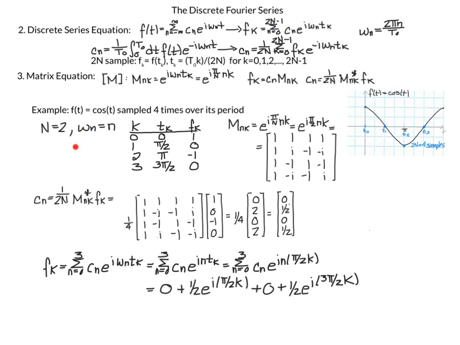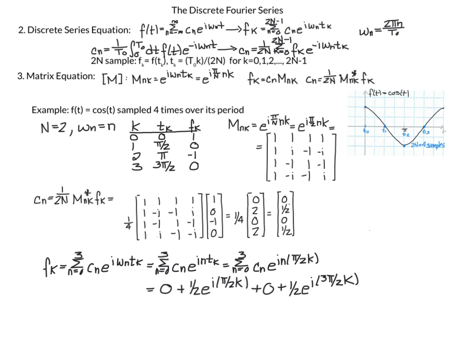We said that's just equal to n because omega n is 2 pi n over the period. So I plugged in n for omega n. And then the next thing, and this was totally optional. It looks like it's optional in your book, but this is what I would do. T sub k, I found the formula for T sub k, it looks like it's pi over 2 times k. So I substituted that in.